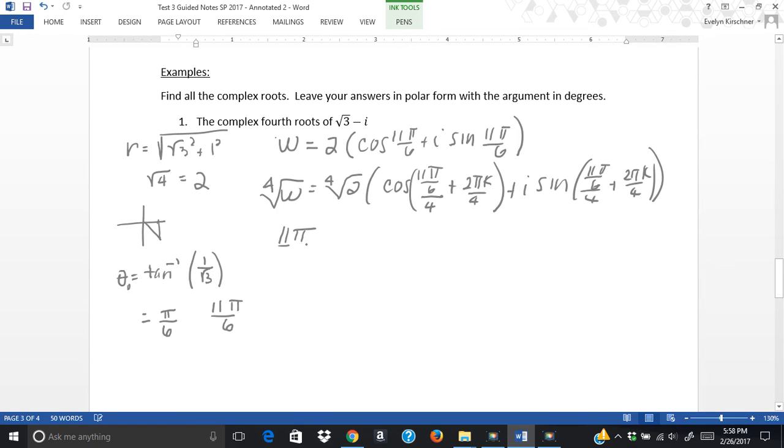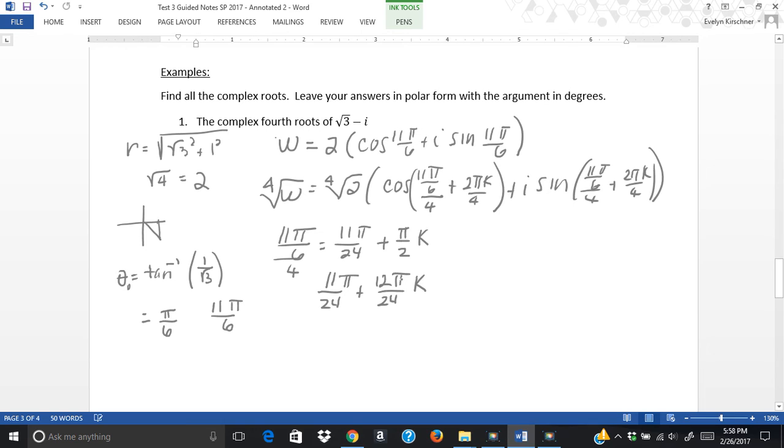11 pi over 6 divided by 4 is 11 pi over 24. And so I have 11 pi plus pi, this reduces to pi over 2 k. But since it's over 24, I want to rewrite this as 11 pi over 24 plus 12 pi over 24 times k.